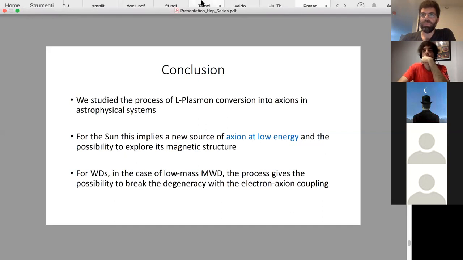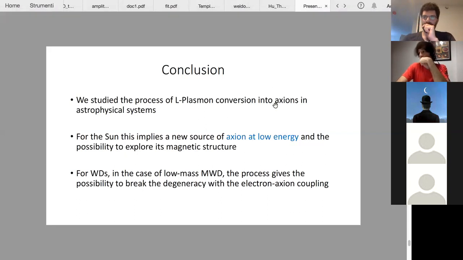Okay. Yes, Andrea, nice talk. I wanted to know more about neutron stars. What happened there? It doesn't work? It does work in the sense that you can always have this process: you will have a plasma and then you will have your longitudinal plasmon. But there are two main issues.